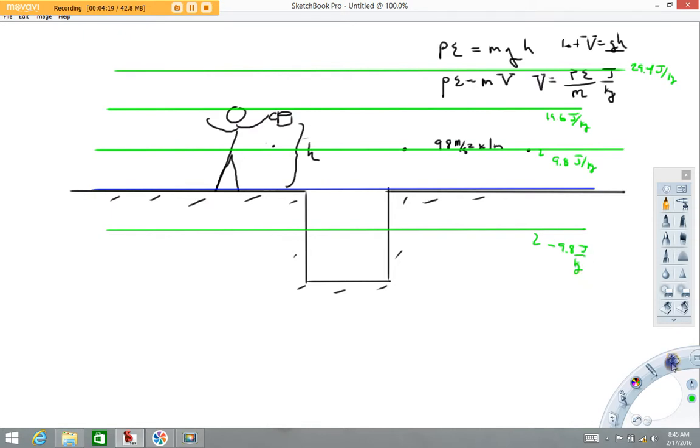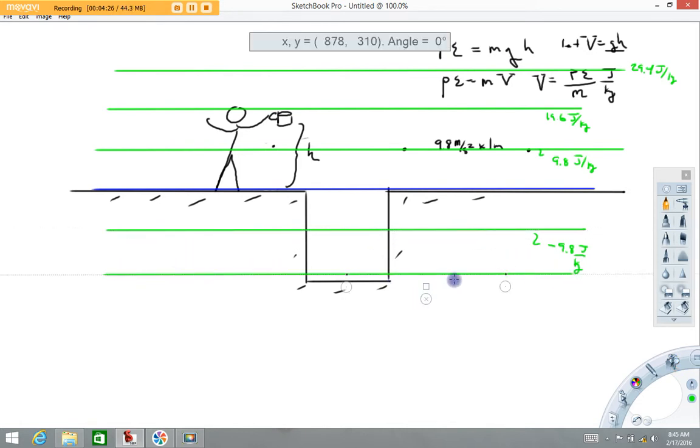And just for kicks, let me come down about 1 meter lower. Down here, roughly 2 meters below the datum, we would be at a potential of about negative 19.6 joules per kilogram.